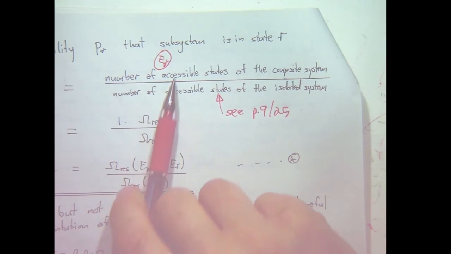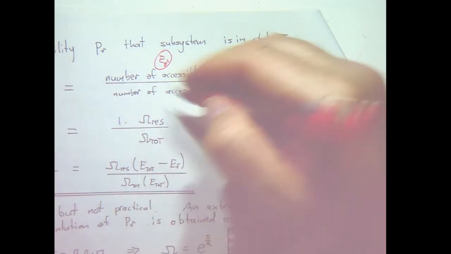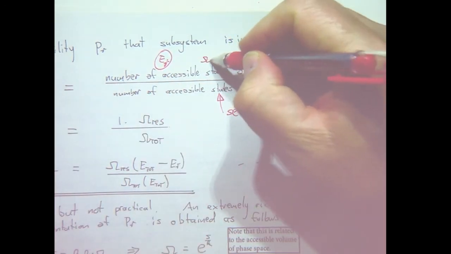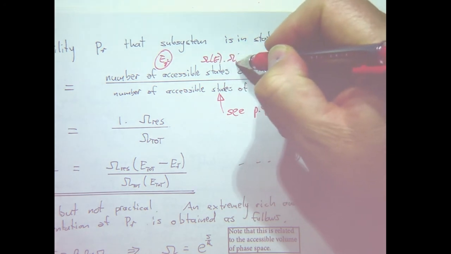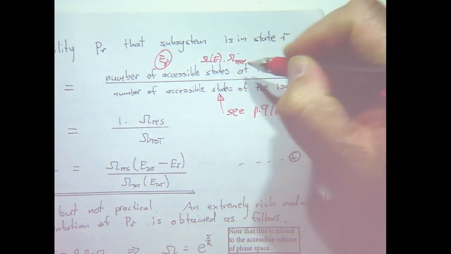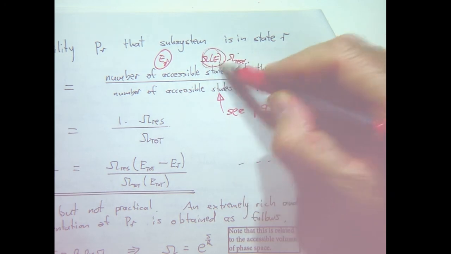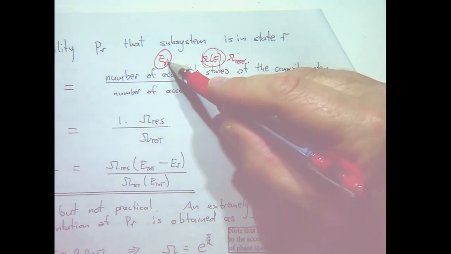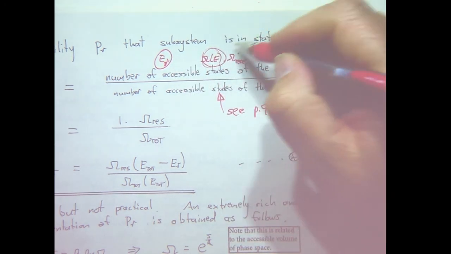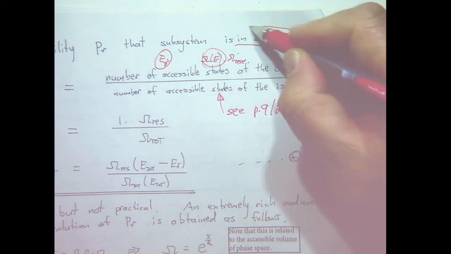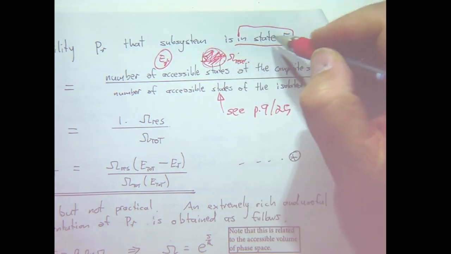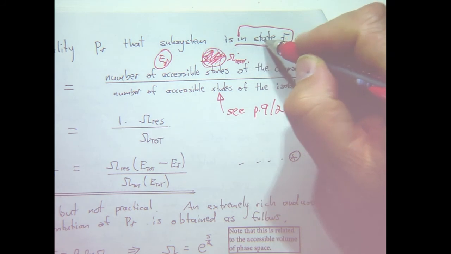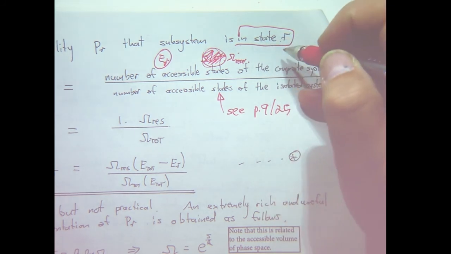Right? Now the number there is a product of omega of E and omega of the reservoir. But the number of accessible states of the system that we're interested in, and we are assuming that it is in state R, is not in fact omega of E. It is in state R, a single state.